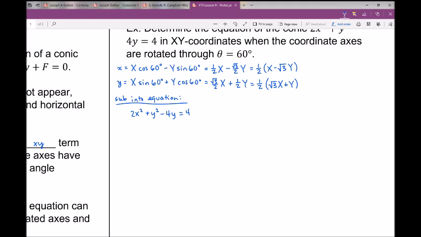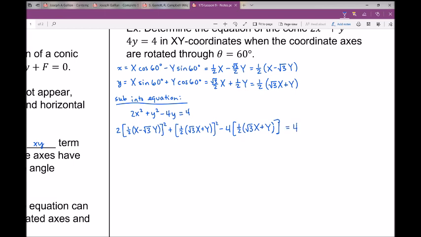So what we get is 2 times, our expression for little x is 1/2 times x minus root 3 times y, and that's going to be squared, plus y is 1/2 times the square root of 3 times x plus y, and that's going to be squared, minus 4 times our expression for y again. Okay, and that's equal to 4.